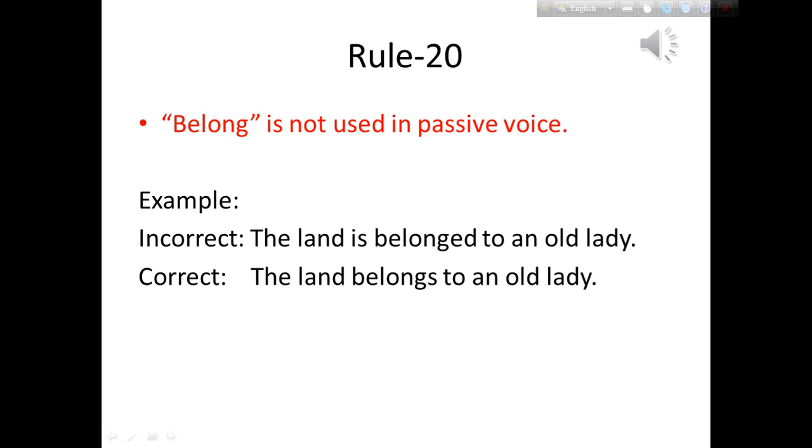So according to the rule, we cannot use belong in a passive voice. So let's make the sentence correct. The correct sentence will be the land belongs to an old lady.